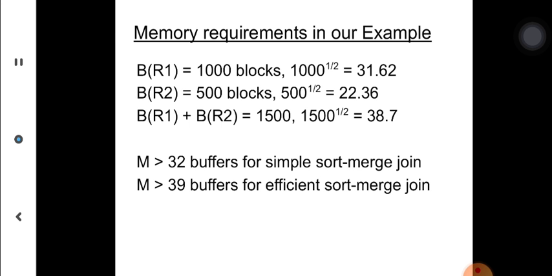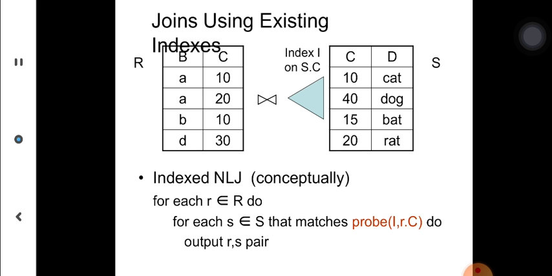The memory requirement depends on the block size, and we can skip this too. These are join operations using existing indexes, and practically the ultimate plan is to find a cost model.